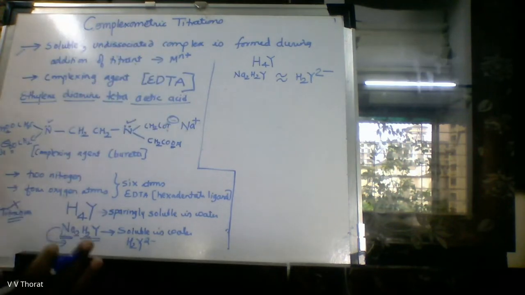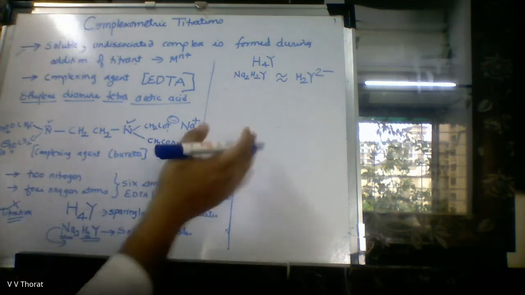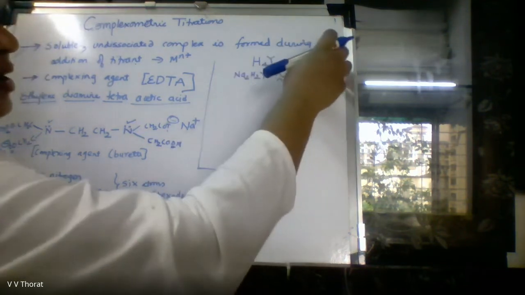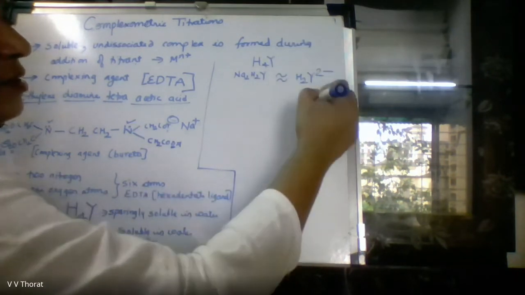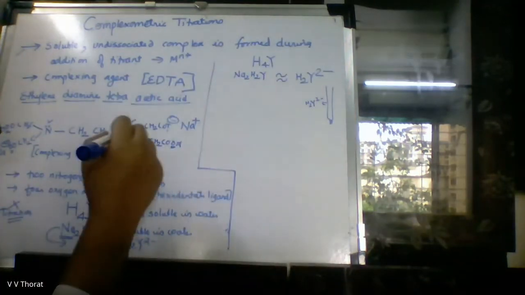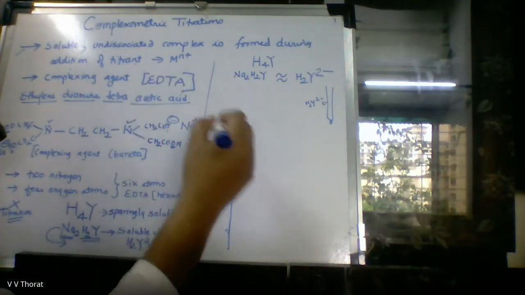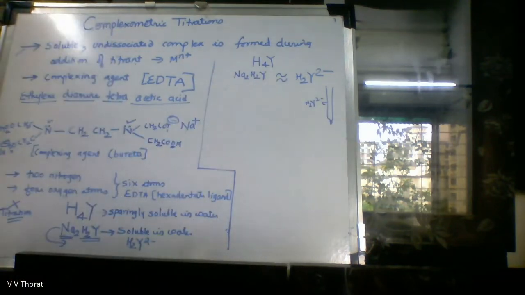Now this is the basic. Now what reaction? Viva question. Write the reaction of metal ions with EDTA. Now I have filled this EDTA in the burette, right? What I am going to fill in the burette is this H2Y2 minus. This I will react with the metal ion. So I have to write the reaction.